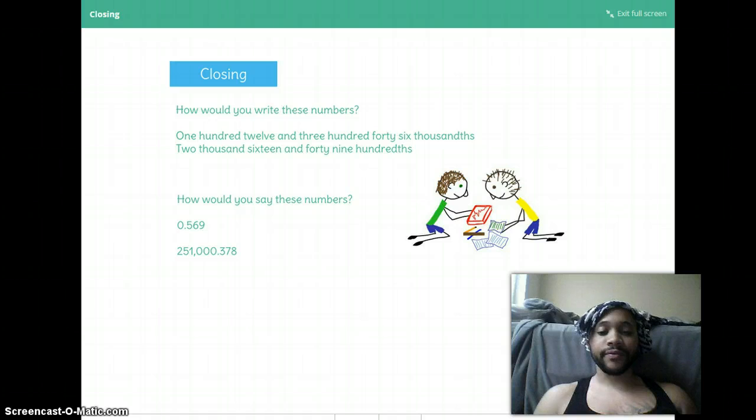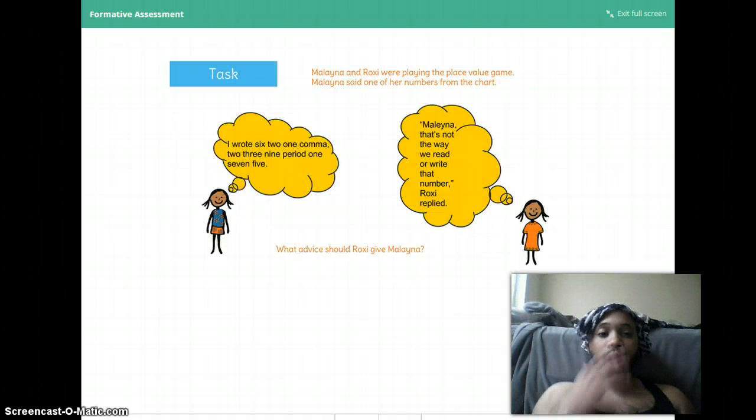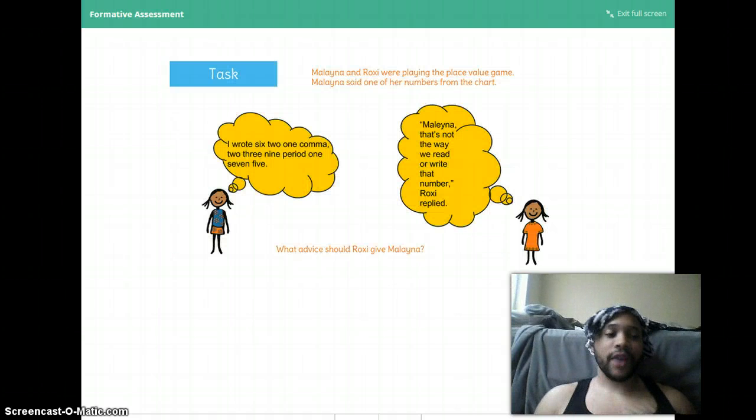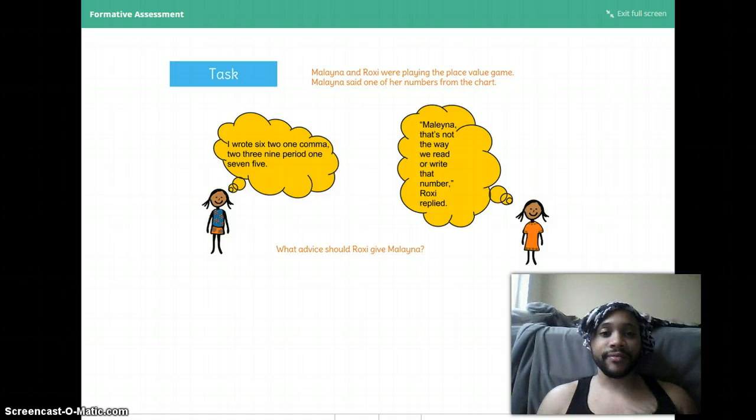Okay. Great job. Alright. So our final task for today, and this is something that you guys can fill out in your notebooks. Here's the situation. Milana and Roxy were playing the place value game. Milana said one of her numbers from the chart.